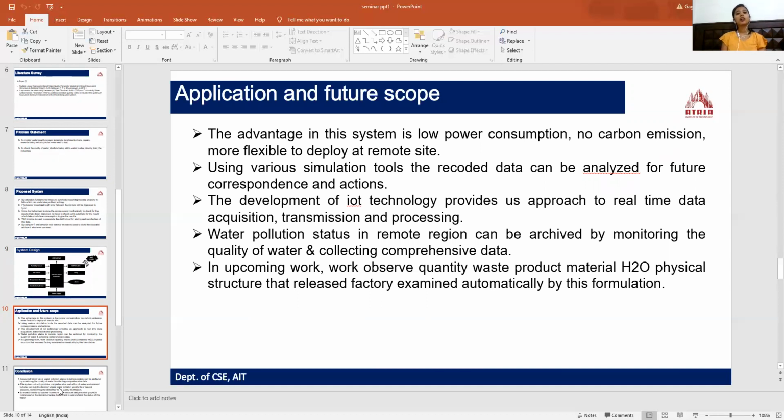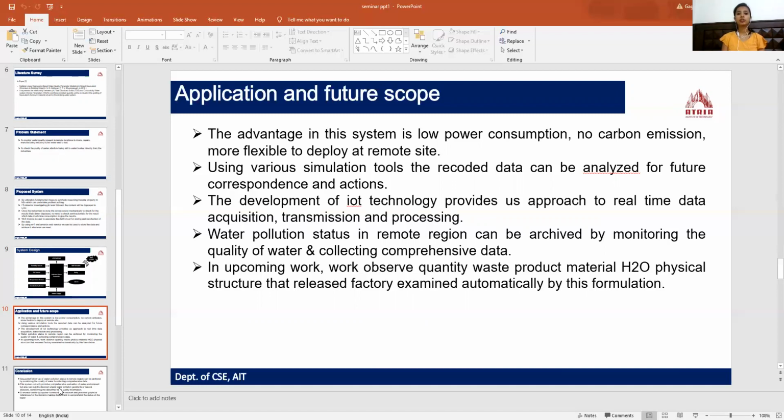The development of IoT technology provides approaches to real-time data acquisition, transmission, and processing. The data which has been collected can be processed, transmitted, and used.